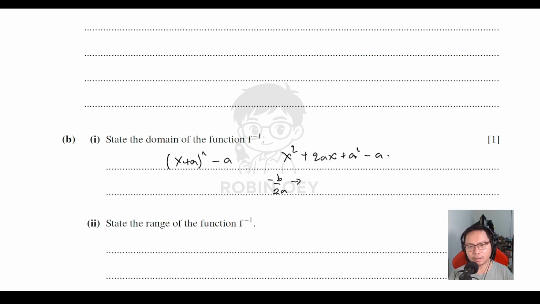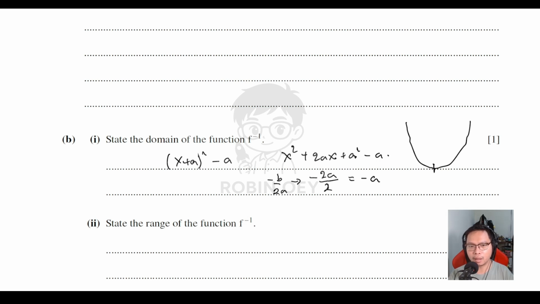This is faster. So this is negative 2a over 2, so that is negative a. Since this is an x squared graph, it is a parabola with the x squared coefficient positive, so the negative a would be here.